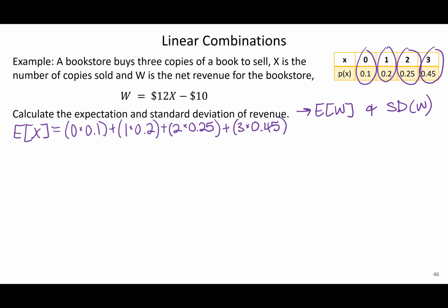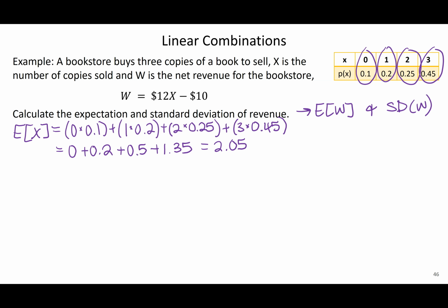Let y'all calculate there for a second. I'll double check here. But 0 plus 0.2 plus 0.5 plus, I believe, 1.35 should be about 2.05.